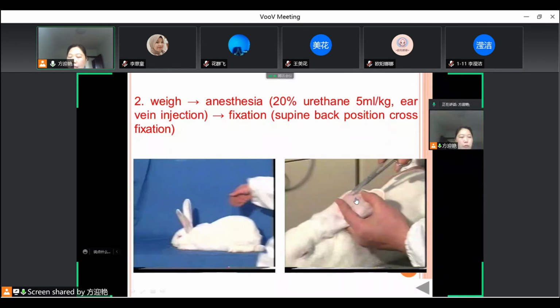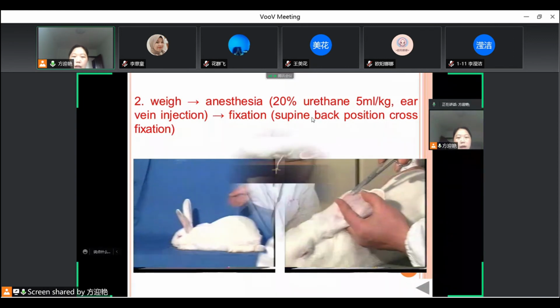We can see that we use ear vein injection. We observe the rabbit's respiratory movement, its pain reflex, and its eyes. We check whether the muscles are contracted or relaxed. If the respiration movement is slow and stable and the pain reflex disappears, this means the rabbit is in a stable anesthetized state.